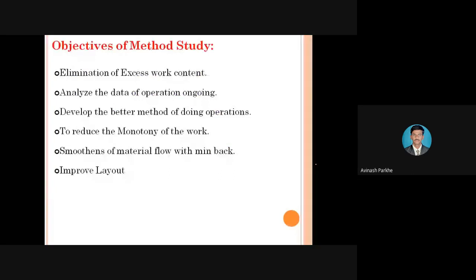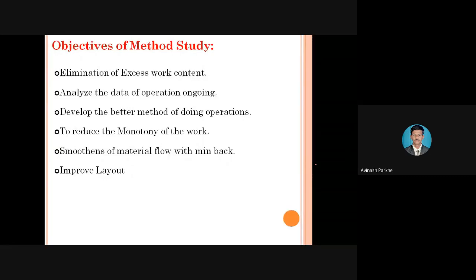Then these are the major objectives we discussed in yesterday's lecture. It removes the excessive work content, that is, whatever additional unnecessary operations are present in the manufacturing process. To remove those operations, the method study concept plays a very important role. Then it analyzes the operations which are ongoing.